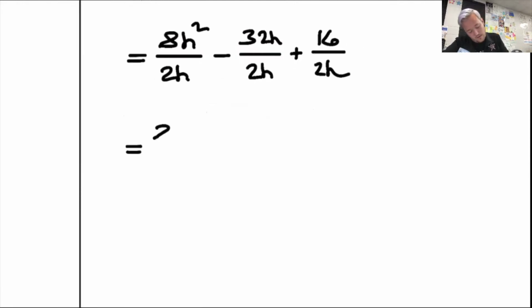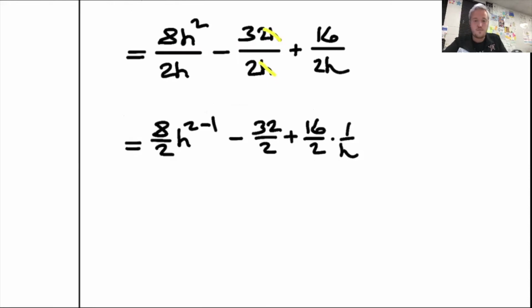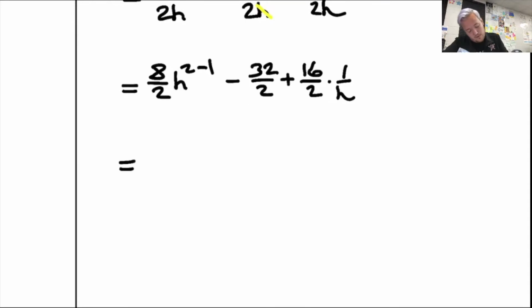So we're going to have 8 over 2, h to the 2 minus 1, minus 32 over 2. And these h's would just simplify out. And then you're going to have 16 over 2 and 1 over h. All right, so this is going to be 4h minus 16 plus 8 over h.